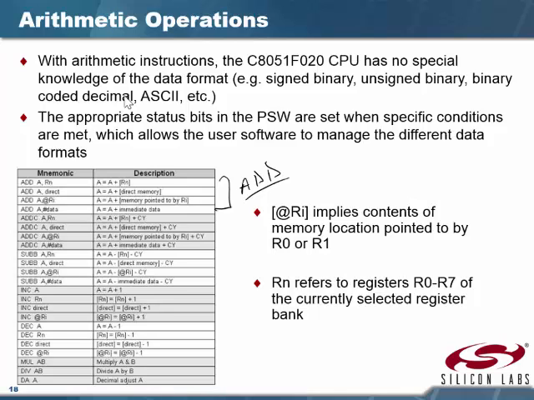The next set of 4 are exactly the same. The only difference is they add in the carry flag. So we add the carry flag to it as well. And why would we do that? If you're adding 2 numbers together, because you can only add 8 bits at a time, and you want to add a 4-byte number, which is 32 bits, you add the lower 8 bits first, then you add the next 8 bits.